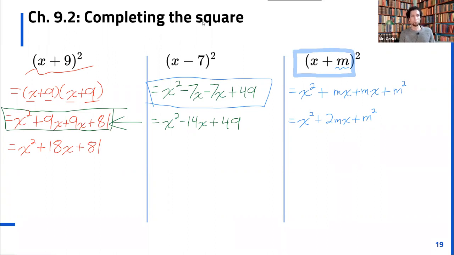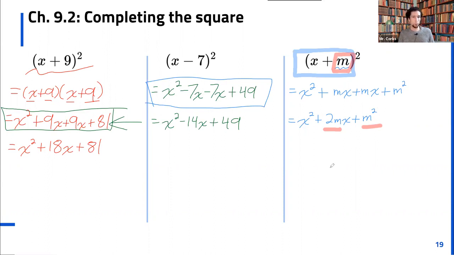In the simpler case here, if there's no coefficient on the x, the m, whatever that is, it will be 2 times that for the b value, and then that thing squared for the c value.